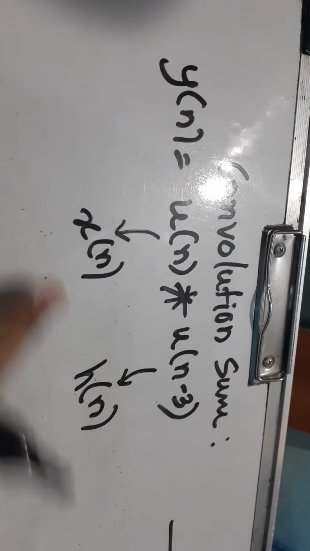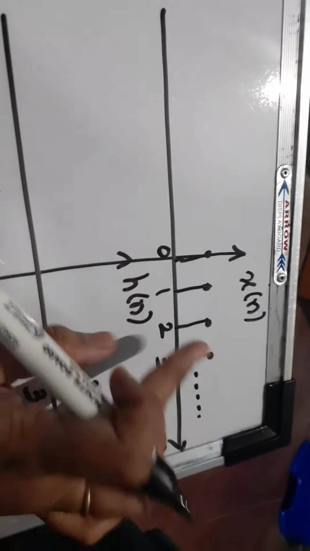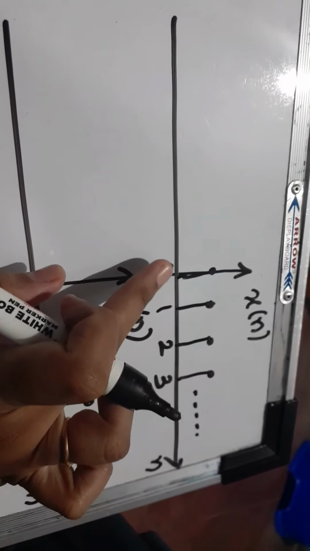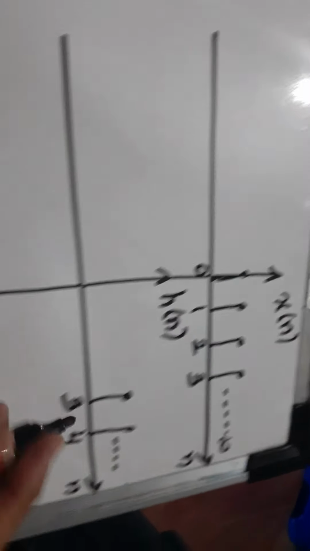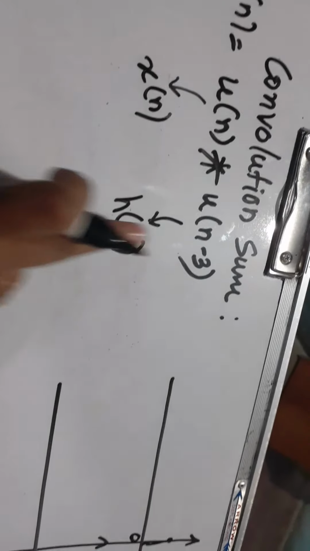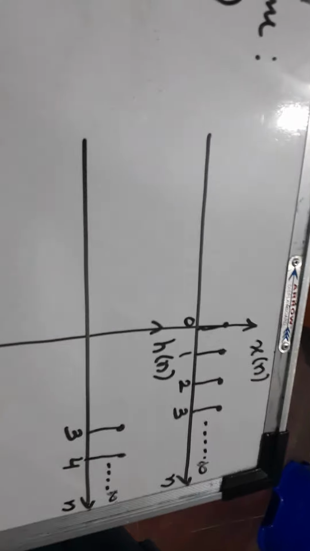So first let us draw these two signals. How to draw x of n? It is u of n, starting from 0 extending up to infinity. Similarly, h of n, which is u of n minus 3, starts from 3 and extends up to infinity. So we have drawn both x and h.